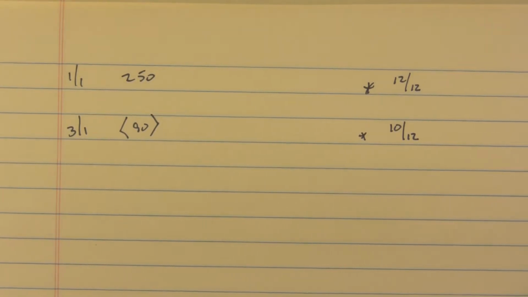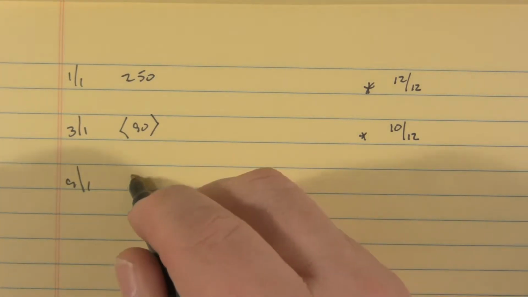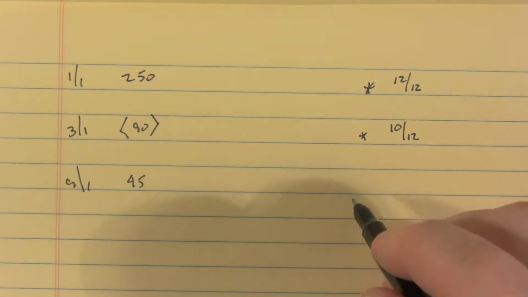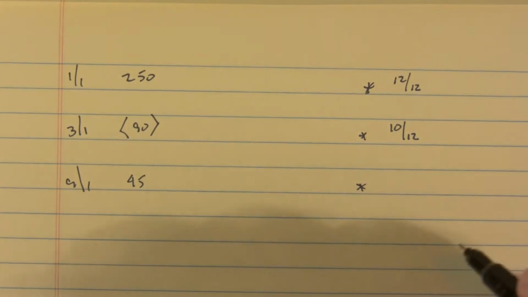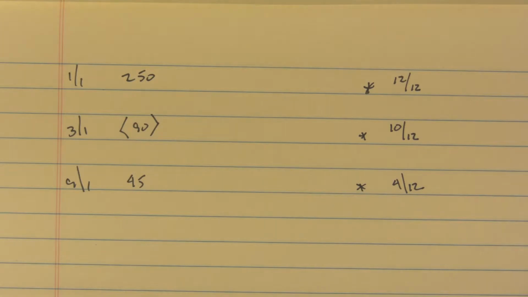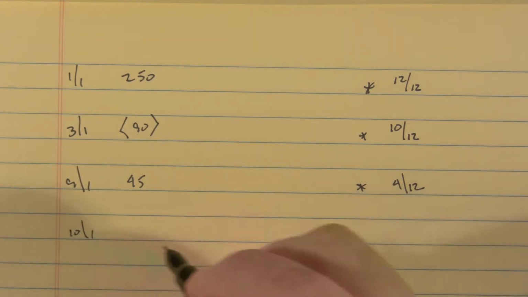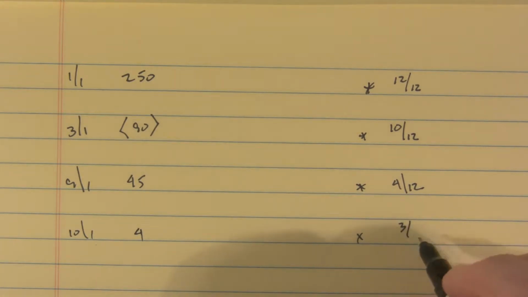Then they go on and tell us that on September 1st, we had 45 million shares go out due to the exercise of the options. So those 45 million shares are out for September, October, November, December, 4/12ths. And then on October 1st, we sold 4 million new shares, and they were out for 3/12ths.